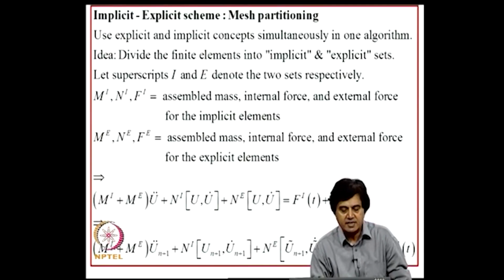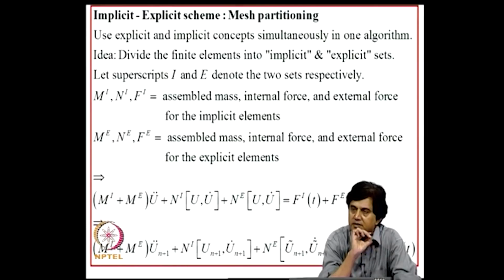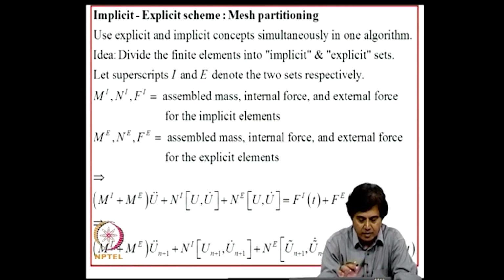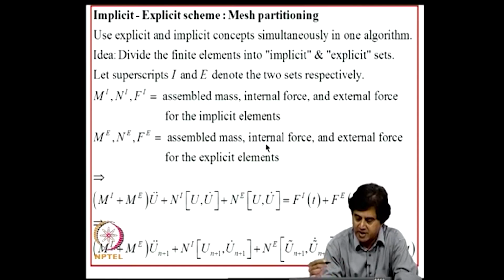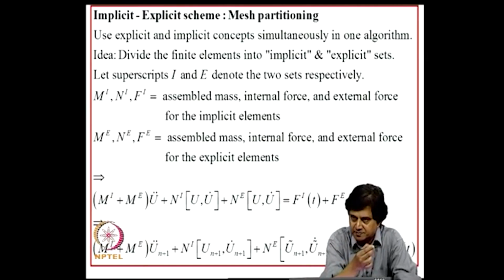Now, the question that we are trying to ask is, can we combine these two approaches? Can we use explicit and implicit concepts simultaneously in one algorithm? The basic idea is, we divide the finite elements into implicit and explicit sets. That means part of the finite element mesh is designated as implicit, part of the mesh is designated as explicit.